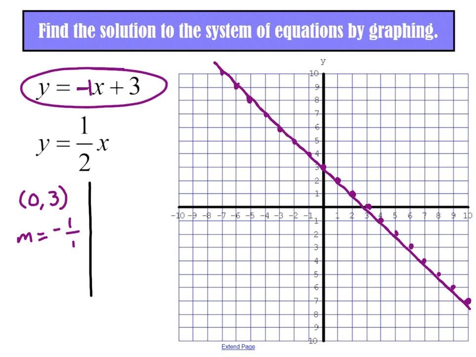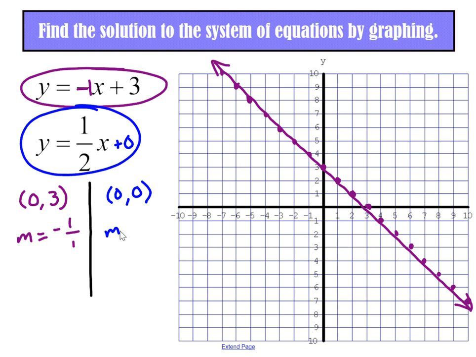Okay. Now we'll use blue for this one. So on this one, I really have a plus 0 on the end there. So my y-intercept is going to be 0, comma 0, and my slope is going to be 1 over 2. So I start at 0 here, and I rise 1 and run 2.